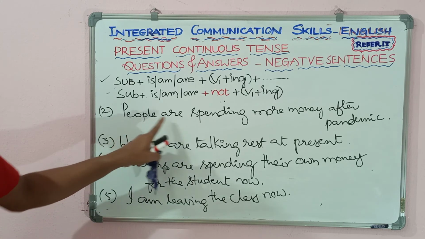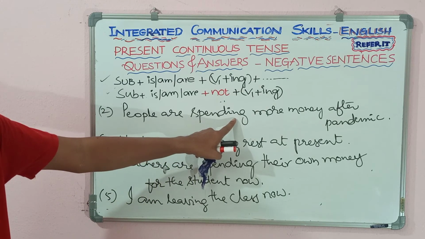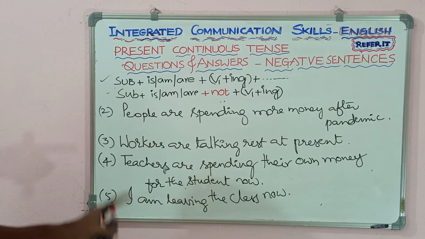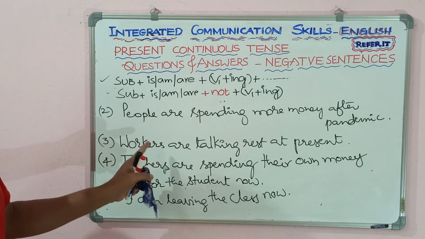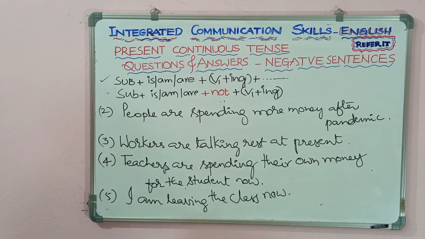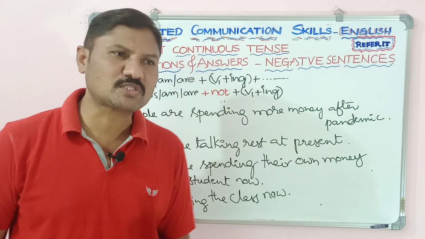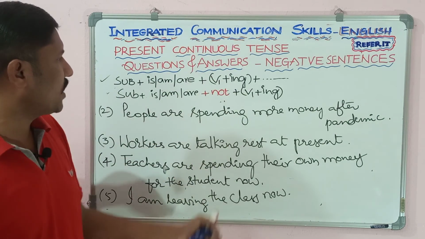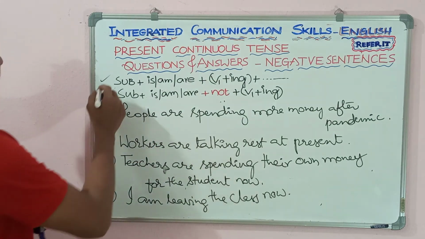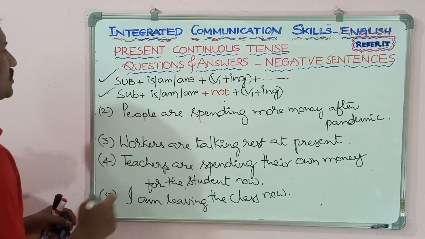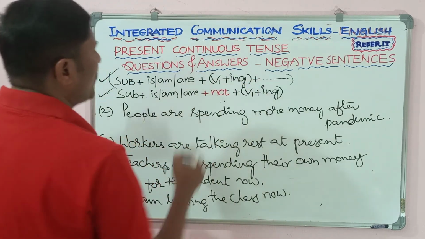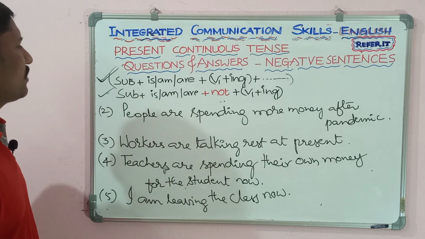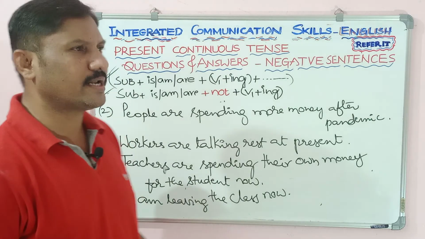Next, write a negative sentence for this sentence, then frame a negative question and write a negative answer for the negative question, and finally you have to write a WH word question for all these sentences. Okay, so this is the homework. Before answering all the questions you have to first remember the structure of the sentence and the structure of the negative sentence.